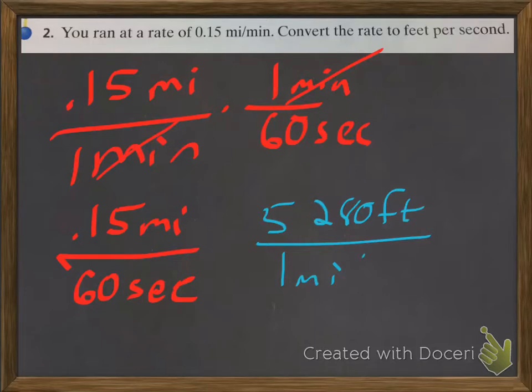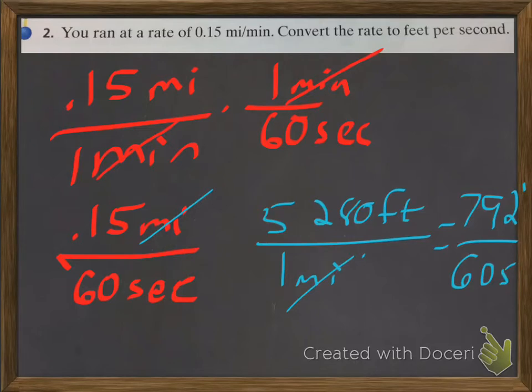So I cross out my miles, and I end up getting, once I multiply 0.15 times 5,280, I get 792 feet over 60 seconds. Now to finish this, I'm going to go ahead and divide that. So I get 13.2 feet per 1 second.